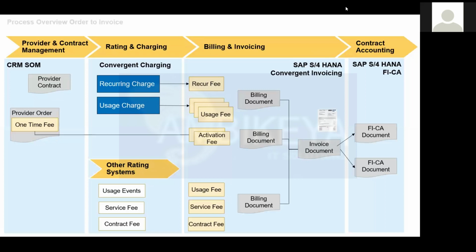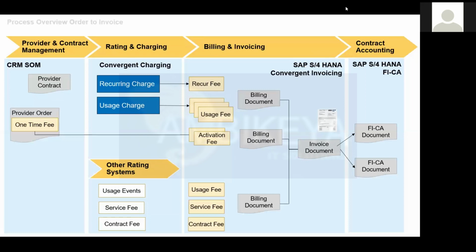I think in most architectures, we are going the way with consumption items, then we would have one level more in this architecture. So the next step then is a convergent charging. After the submit of the provider order, the subscription and provider contract is distributed to convergent invoicing and to convergent charging.